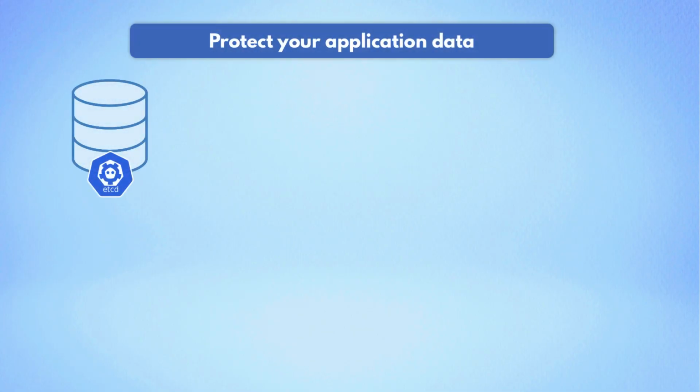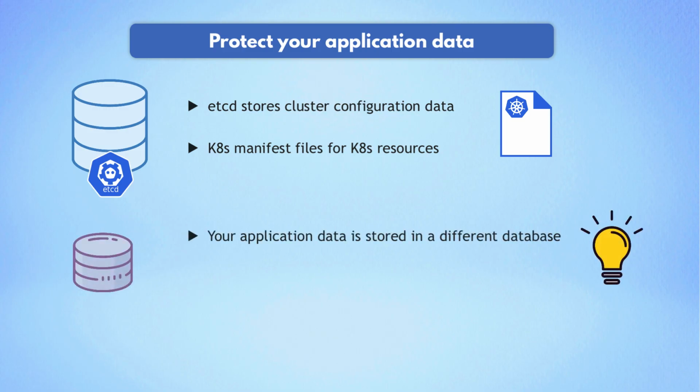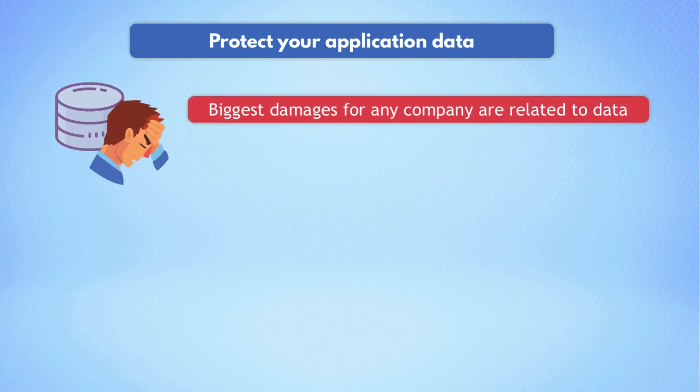Now, etcd stores the cluster configuration data. So these are all the Kubernetes manifests that define the Kubernetes resources like deployments, services, pods, etc. But we also have the application data, like data stored by database services. And the biggest security damages for any company are related to data, especially the personal data.